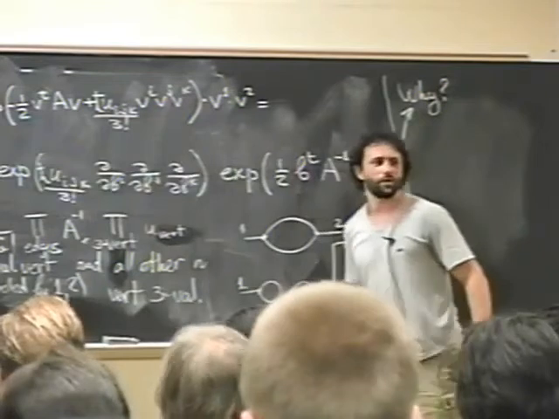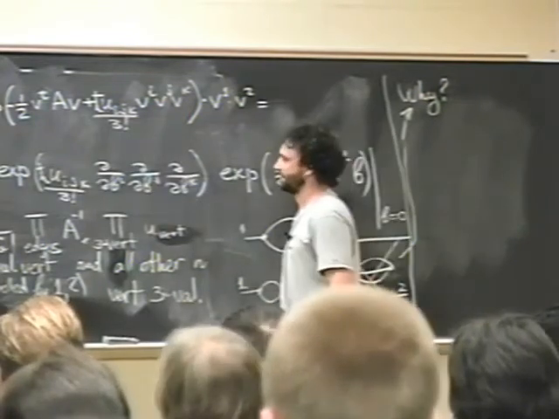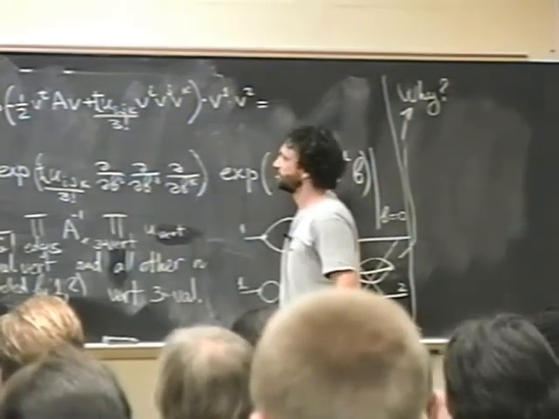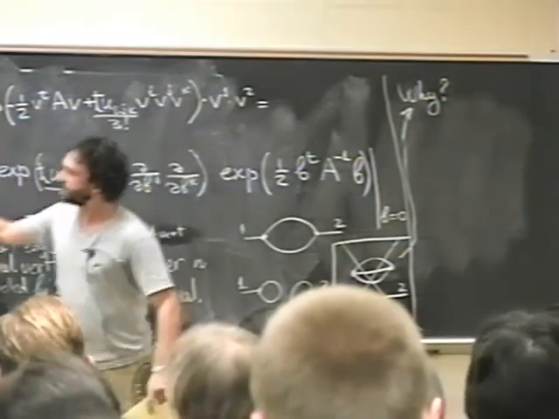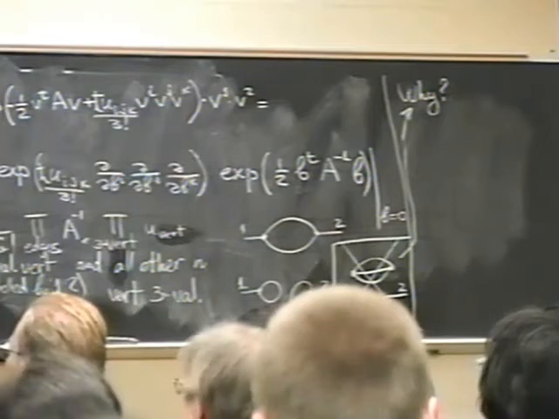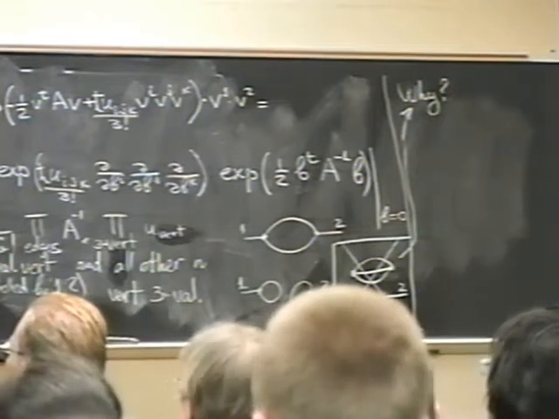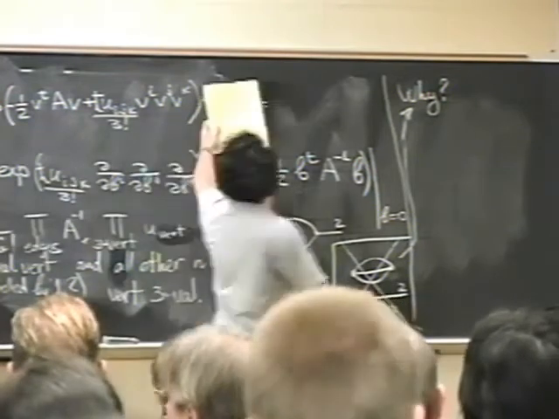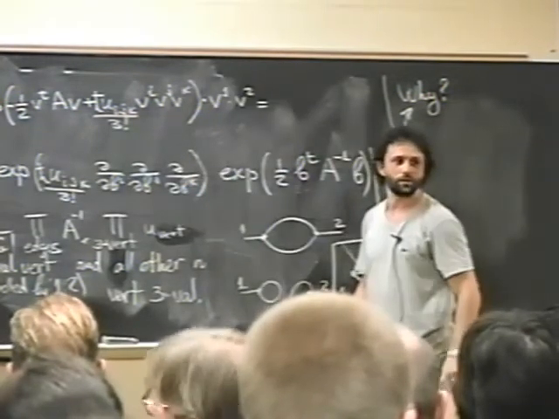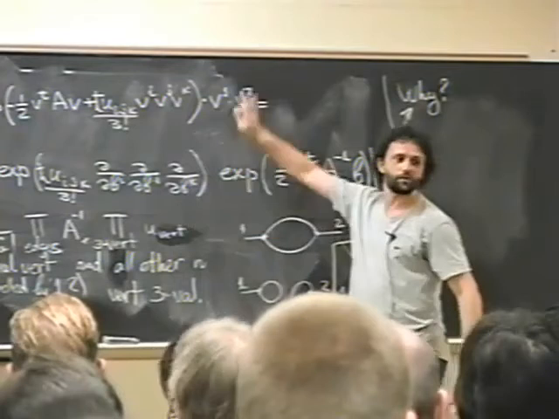I'm extremely sorry. Zu is the same thing precisely, but without v1 and v2, without these two univalent vertices.